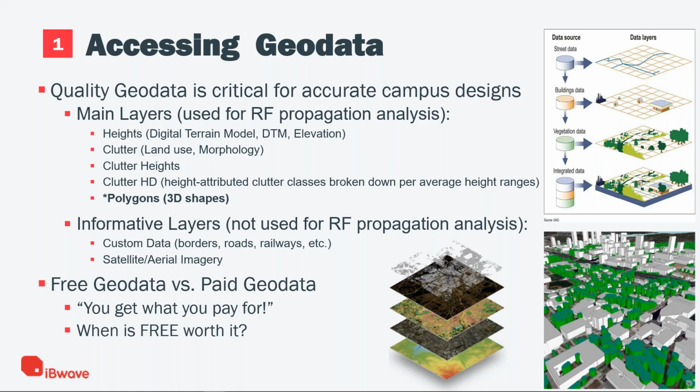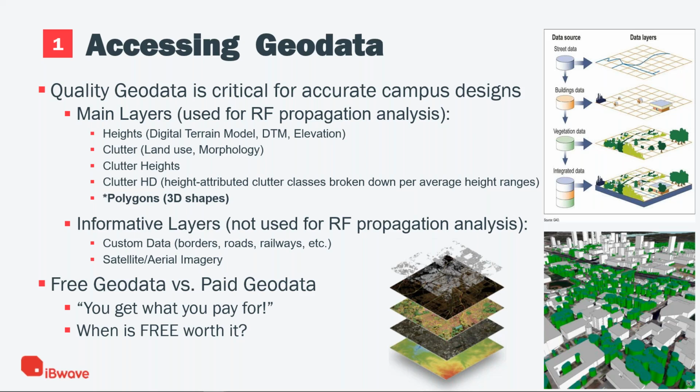But now it is even more impactful to be aware of those areas and the geodata associated with them in your campus design, as you get to that granular level for 5G analysis, for in-building penetration versus not only penetration in the building, but out of the building.